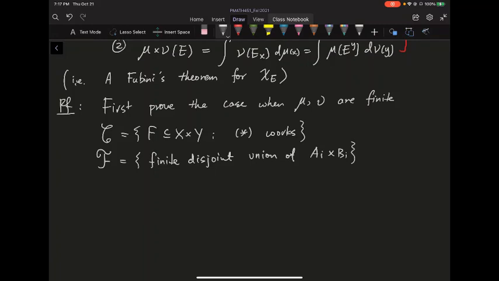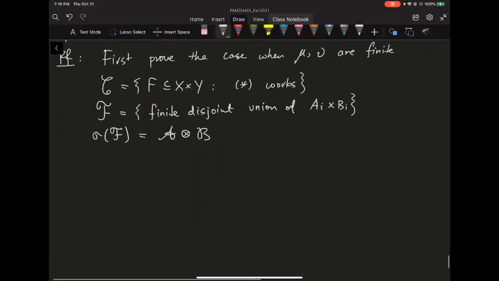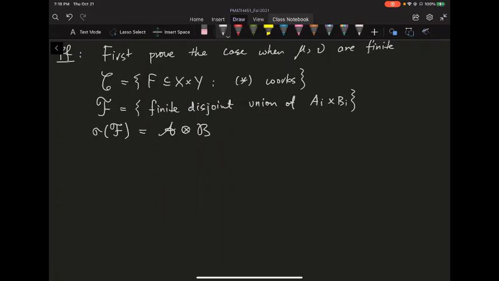We know from several videos earlier that the sigma algebra generated by F is essentially the product sigma algebra, A cross B. So what I want to show is the following. First, I want to show that F is contained in C. And second, I want to show that C is a monotone class.